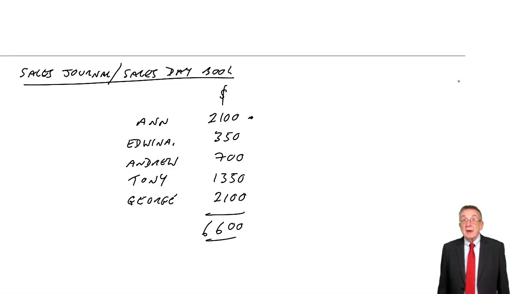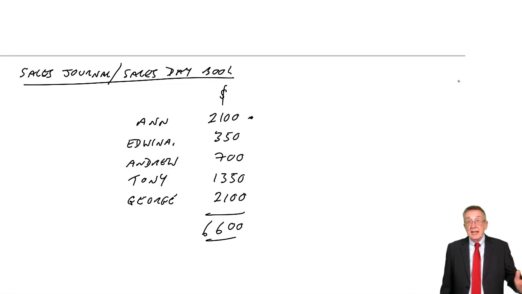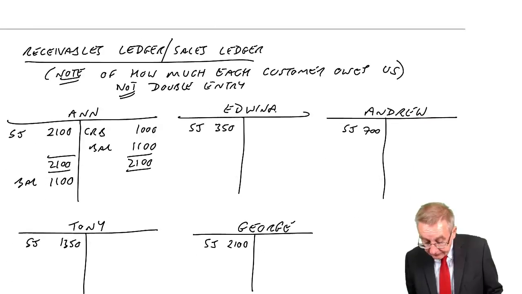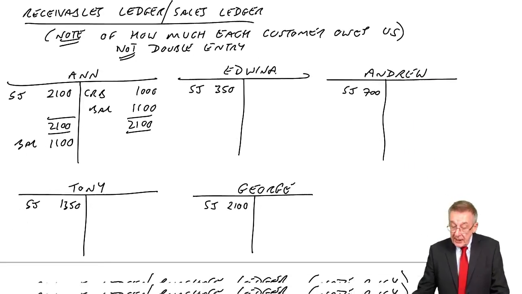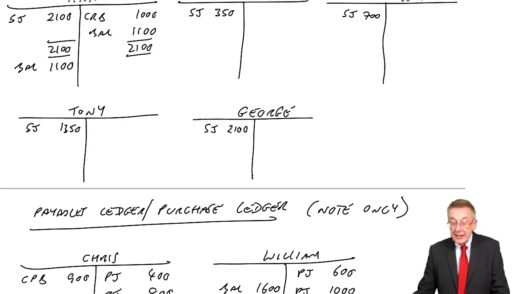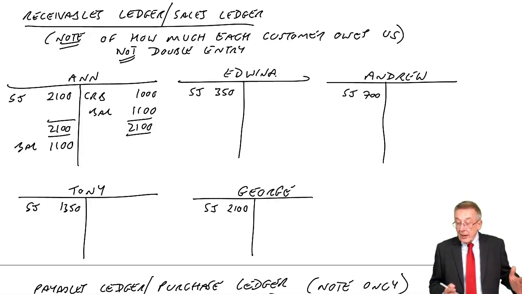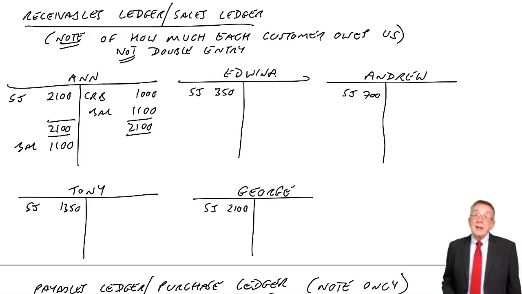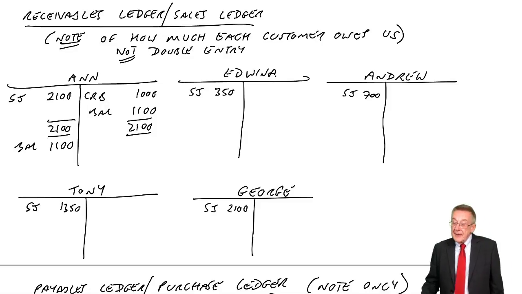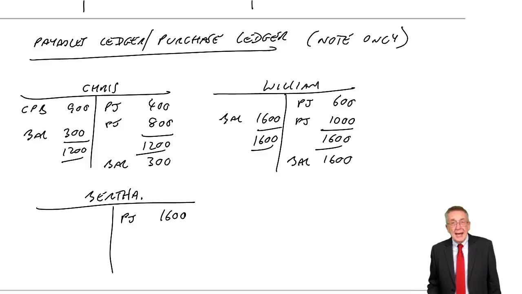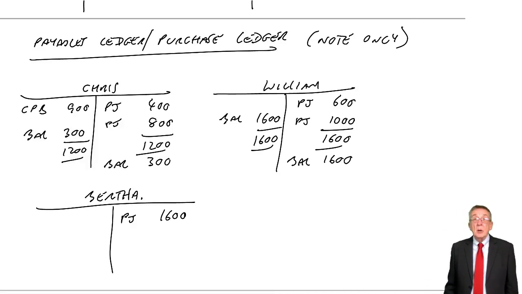Every transaction has been recorded as it happened, day by day. We've 2 more books, the receivables or sales ledger, the payables or purchase ledger, where we're keeping a record for each customer on credit as to how much they're owing us. And in the payables ledger, a record for each supplier on credit of how much we owe them.